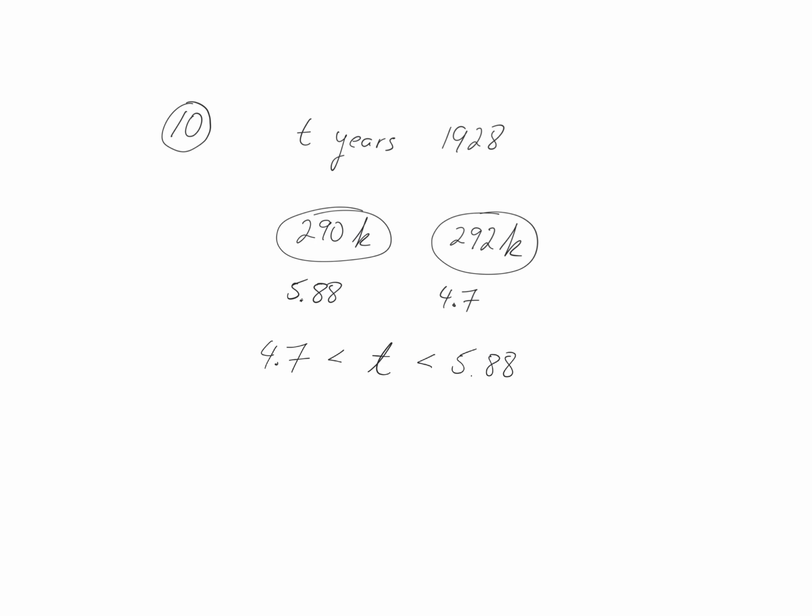And so it's in the range of C, which says 4 less than t less than 6. And you can see that 4.7 is greater than 4 and 5.88 is less than 6.